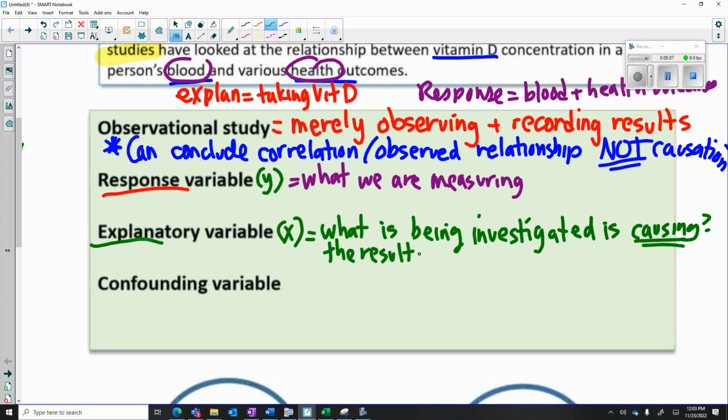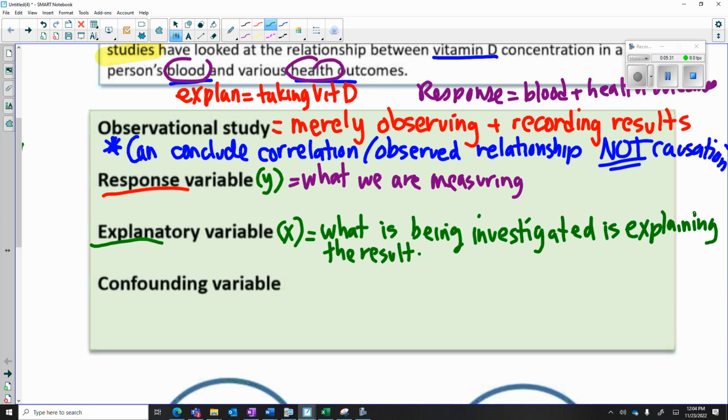Okay, the explanatory variable is basically the one that we think is explaining the other one. I'm going to put a question mark for causing because we don't know if it's causation or correlation. It's what is being investigated is explaining the result of the response variable.